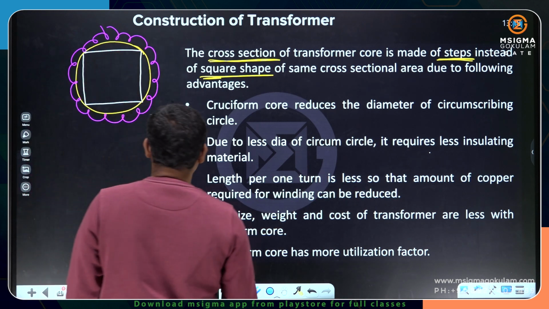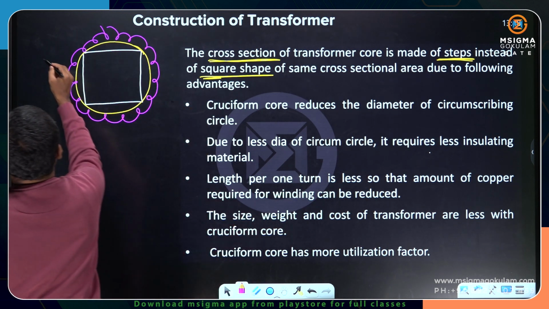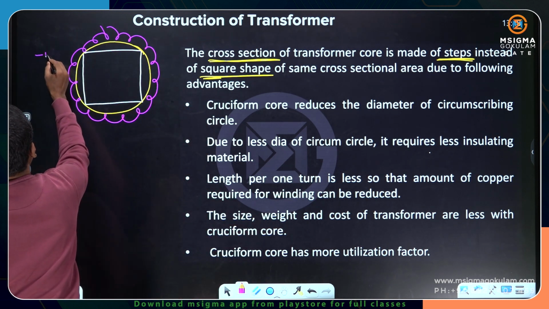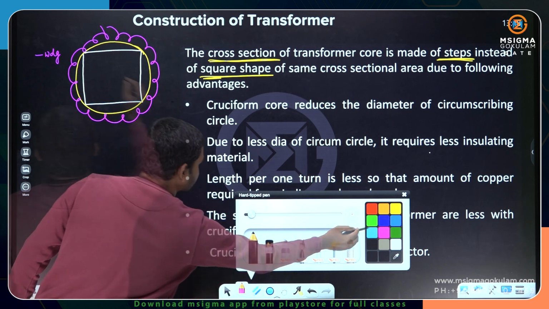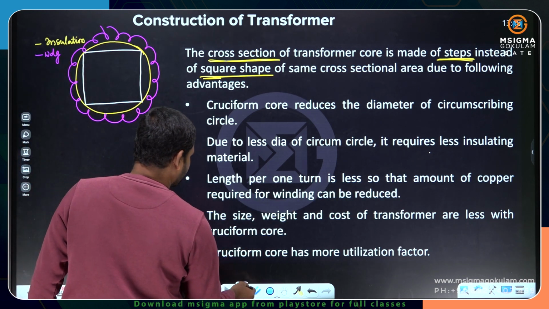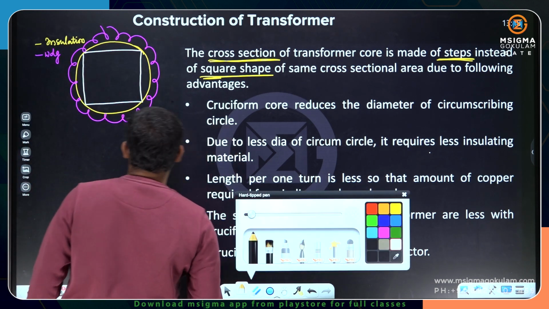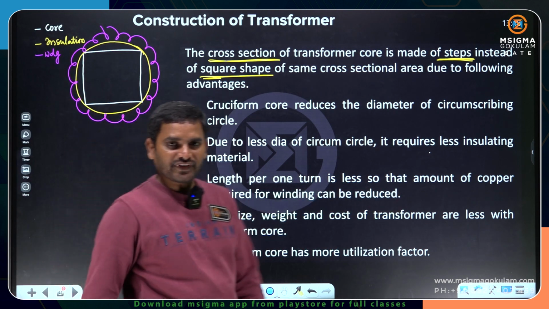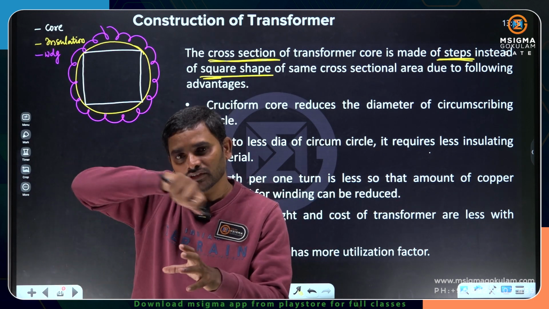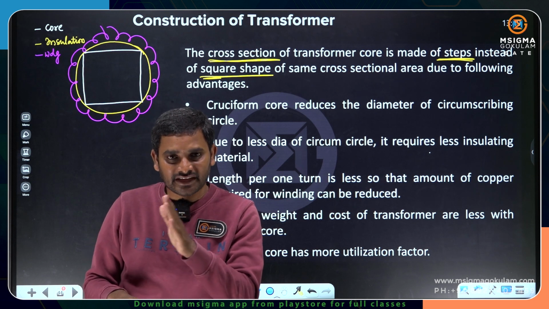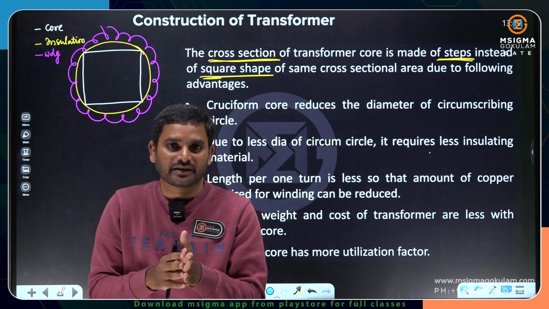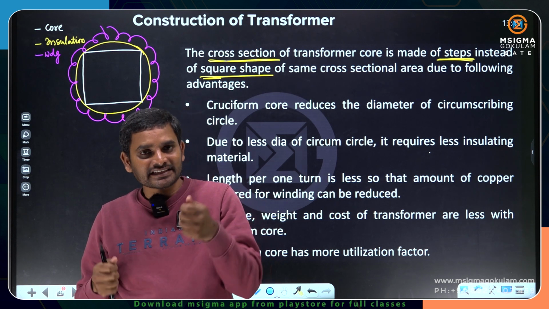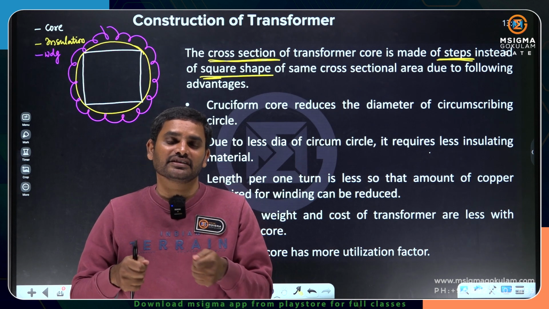This color is winding, yellow color is insulation and the white color is going to be the core. So, we are not placing the winding around the core directly. Between the core and winding there is an insulating medium. Why? Because the winding is connected with the supply.